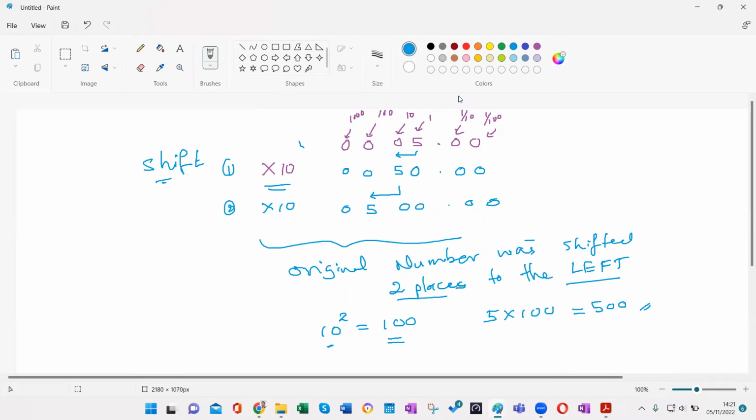Come on, it's really easy. I'm going to shift the original value 3 places to the left. What will happen to it? First of all, think, is it a division or a multiplication?